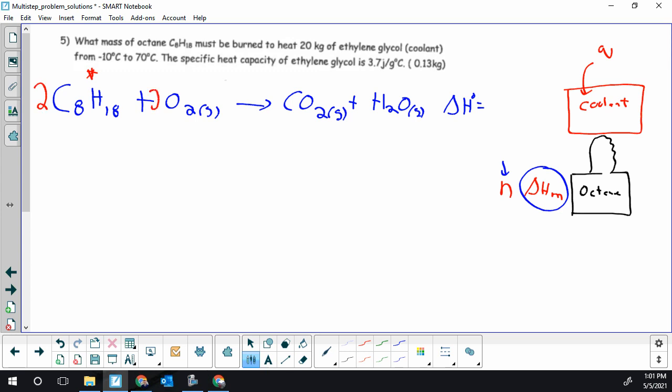So we have 2 units of octane, 25 units of oxygen, 16 units of carbon dioxide, and 18 units of water vapor.